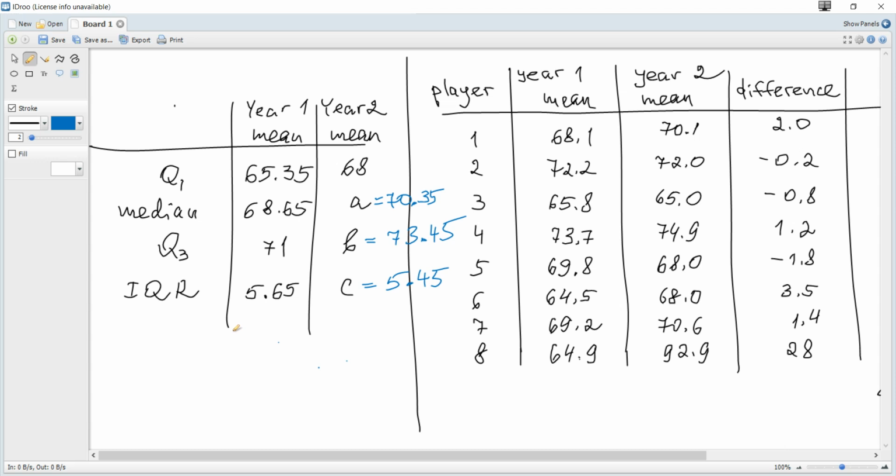The next, Valia then decided to analyze the data from table 2 using a one-tailed paired t-test at the 10% significance level to determine whether the players' averages have increased. So one-tailed paired t-test, it's about what?